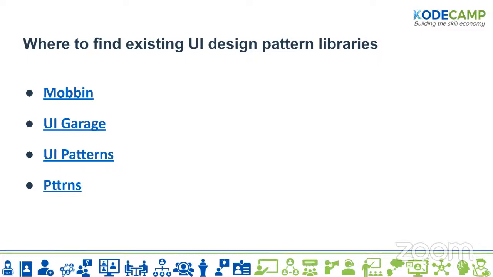These are my all-time favorite libraries. To start, I'd recommend UI Patterns. Why? The other libraries are great, but they do not offer as much documentation as UI Patterns does. You can check it out yourself.